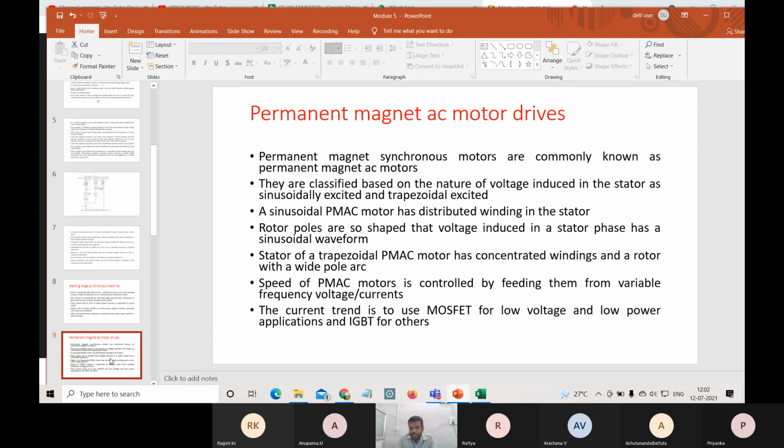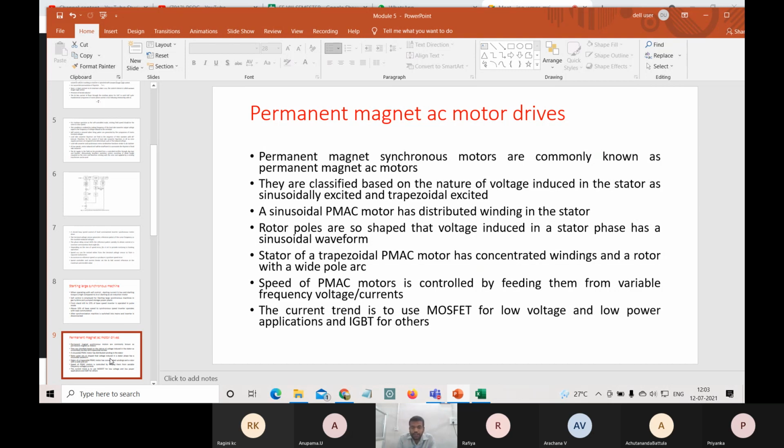How can we nomenclate this as sinusoidal or trapezoidal? Because this is the nature of the voltage in the stator of the synchronous motor. If you say sinusoidally excited, that means we are getting a sinusoidal waveform of voltage.